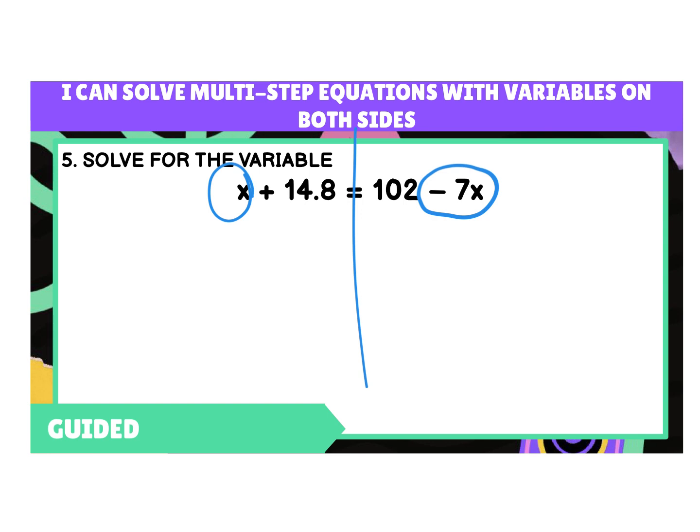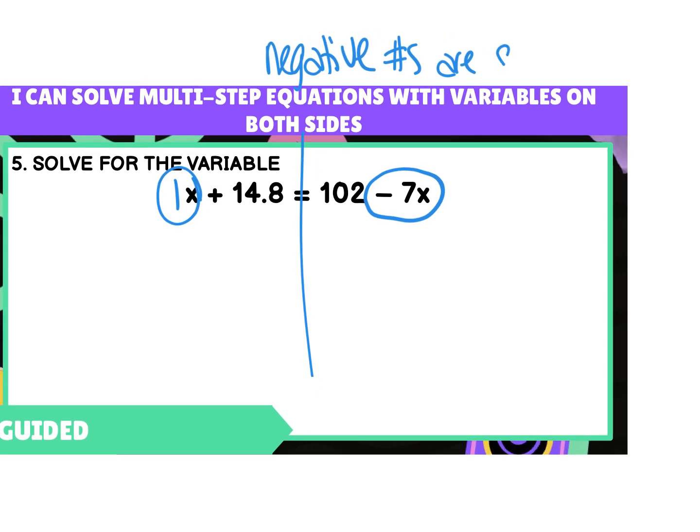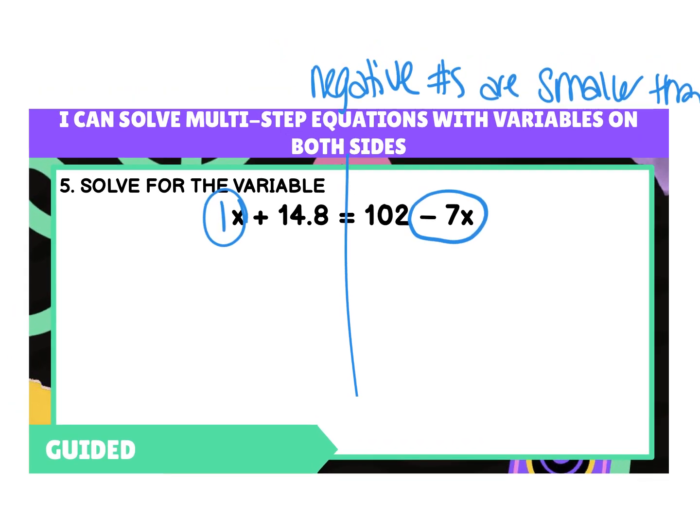All right, we know that there's an invisible 1 in front of that x. Now, 1x and negative 7x. Remember, negative numbers are smaller than positive. That's the number sign, not the hashtag sign. Negative numbers are smaller than positive numbers. So my negative 7x is smaller, and the opposite would be to add 7x to both sides.